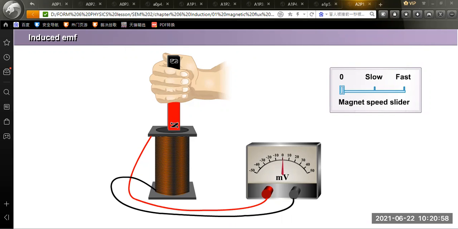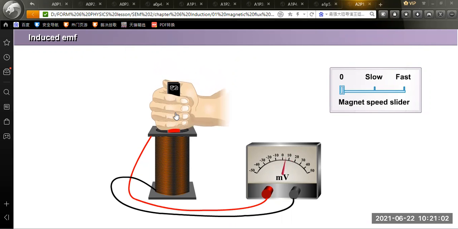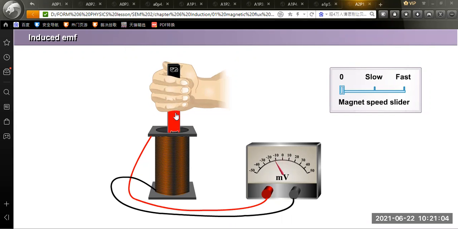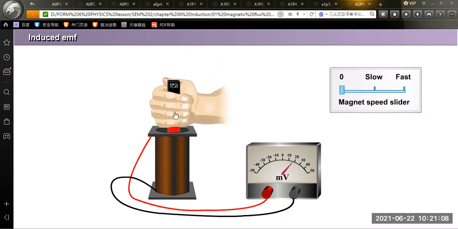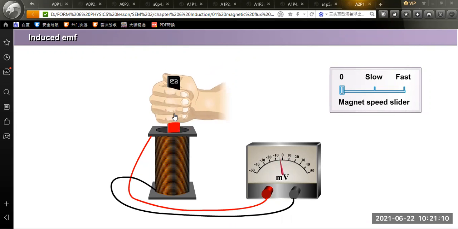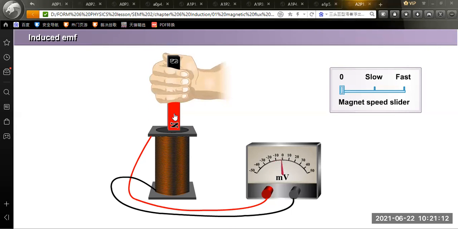Let's observe if we move in and move out. How is the direction? The directions are opposite, right? So move in, move out.